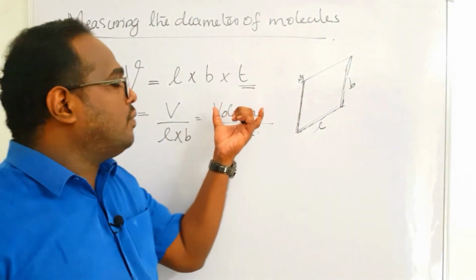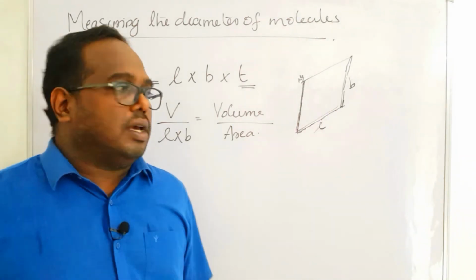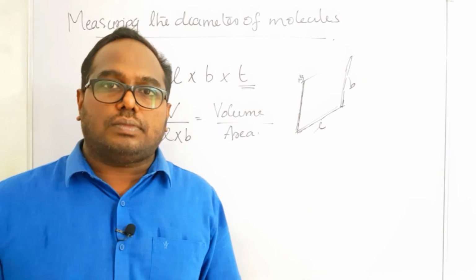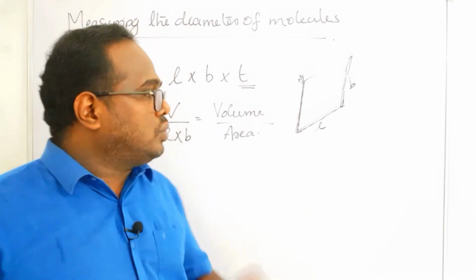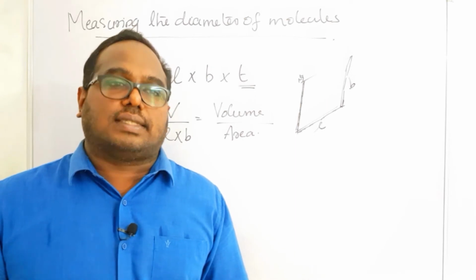And then find out the volume of that substance, then find out the area of the substance, then you can substitute in this equation, you can calculate the diameter, right? Yes. For that we choose one particular substance, that is oleic acid.